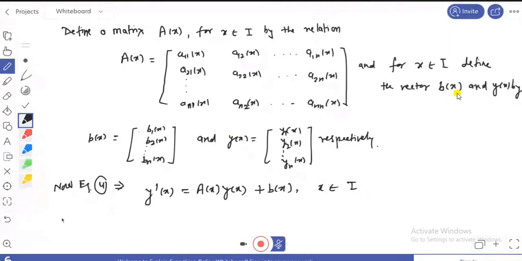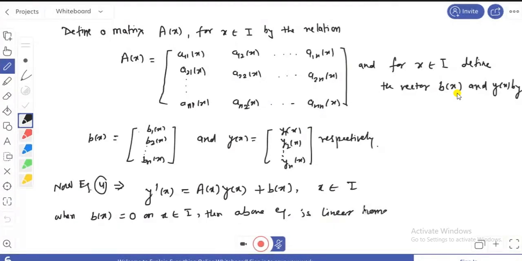Okay, and when this b(x) is 0 on that given interval, then the above equation is a linear homogeneous system of differential equations.